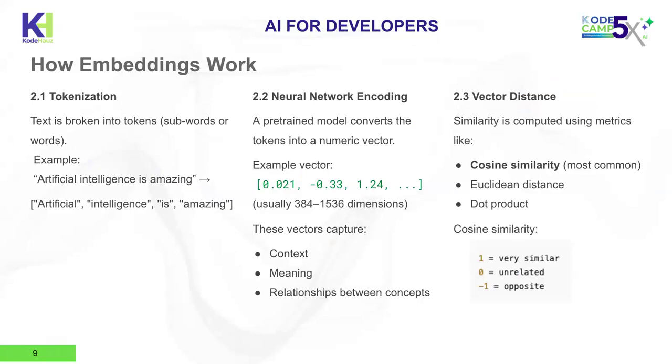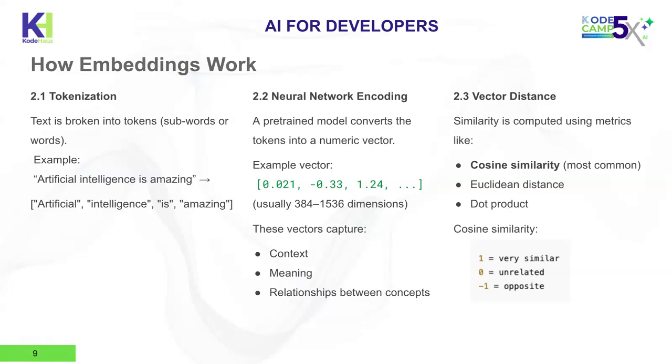I don't know if there are tokens that are less than a word, but you could have situations where a word can be split into two, but most times a token matches a word or two words or a phrase. This is a good example: 'Artificial intelligence is amazing' gets split into 4 tokens, which correspond to the 4 words.